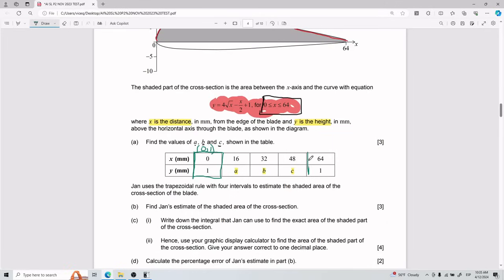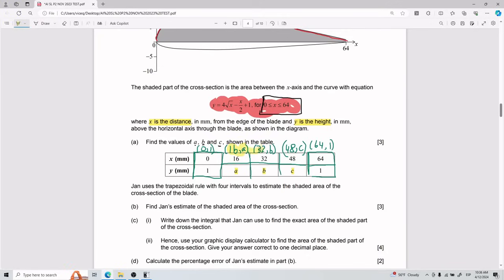That means that this point here is 64, comma 1. Interesting. And so the 3 points in between, respectively, would be 16, comma A, 32, comma B, and 48, comma C. So basically, if I plug in an x of 16, I should get A.